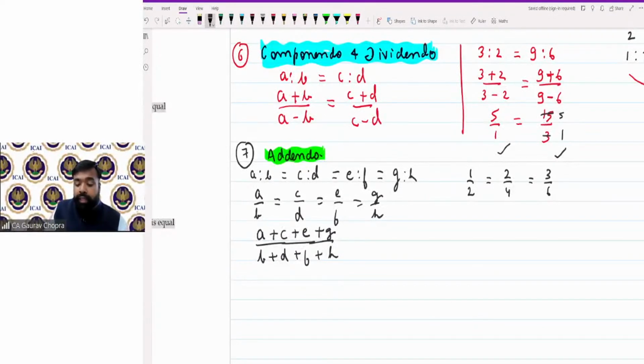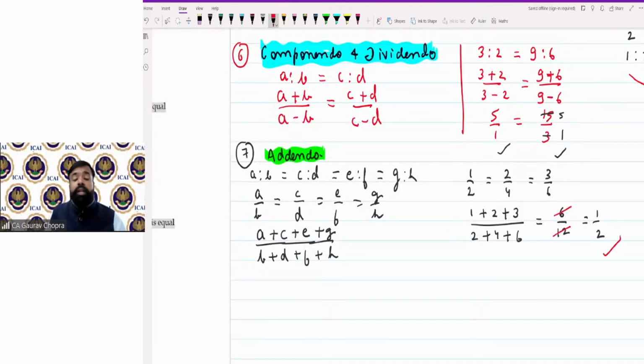So apply addendo: 1 plus 2 plus 3 upon 2 plus 4 plus 6. How much is coming? 6 upon 12. And 6 upon 12 means half. That means after applying addendo, the result is the same. So therefore, this is also a property of proportion.